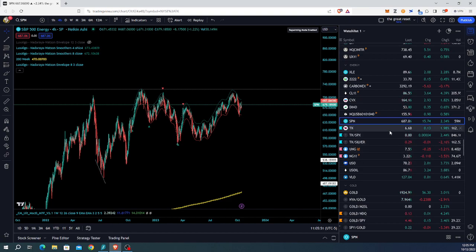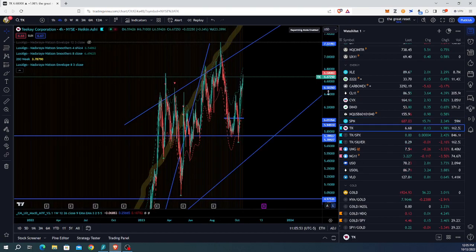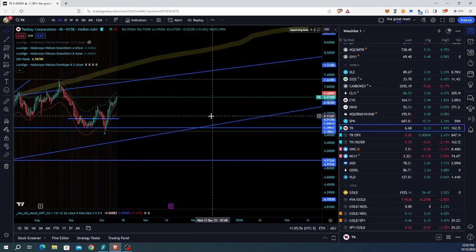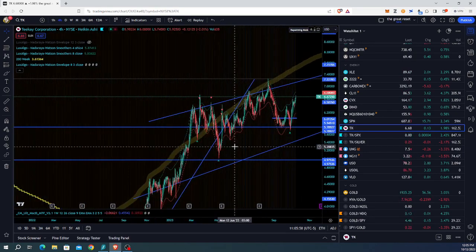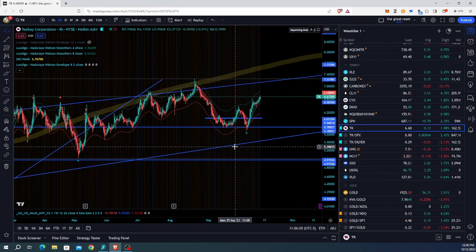And I will give you one equity that has been working out very well for me. This is TK Corporation. They are a fleet of liquid natural gas tankers that essentially transports liquid natural gas and crude oil around the world.